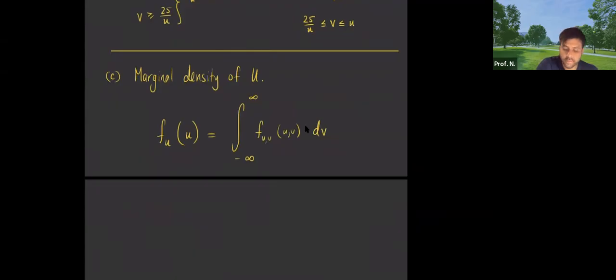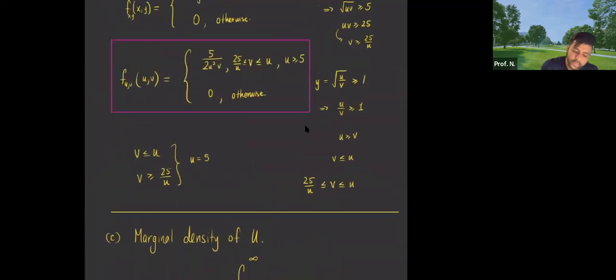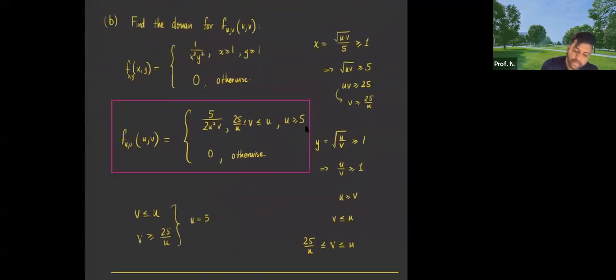Now, what's v in between? Do you see that? v is between 25 over u and u. And this is 5 over 2u squared v dv.